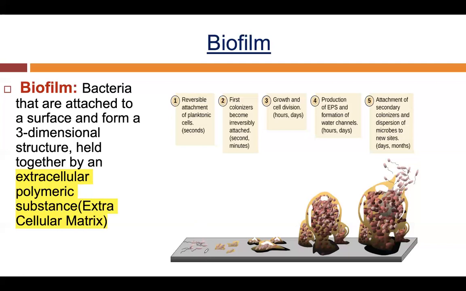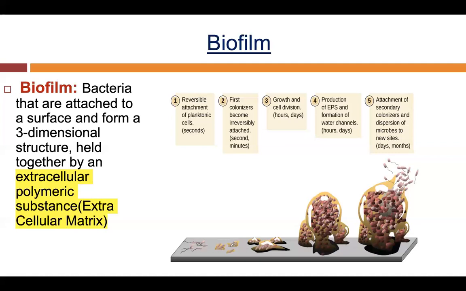Not only that, they start secreting one special type of polymeric substance. It's called extracellular matrix, or EPS, extracellular polymeric substance. Once the microorganism starts secreting that EPS, it's very sticky, a large carbohydrate, then they cannot go back to the plankton form again.